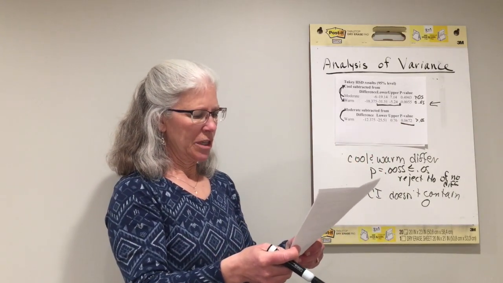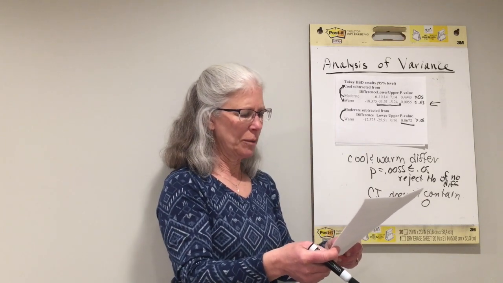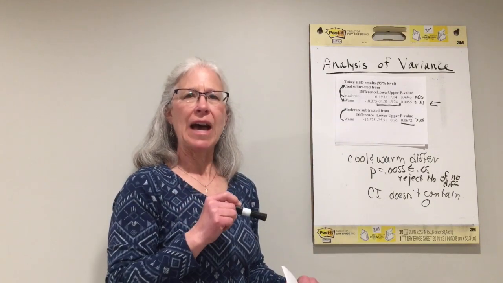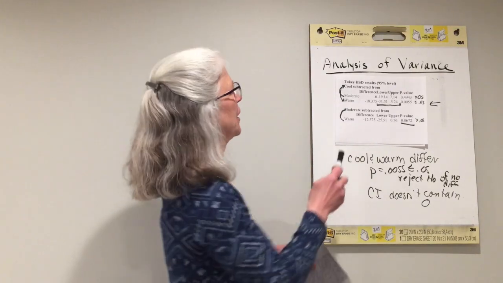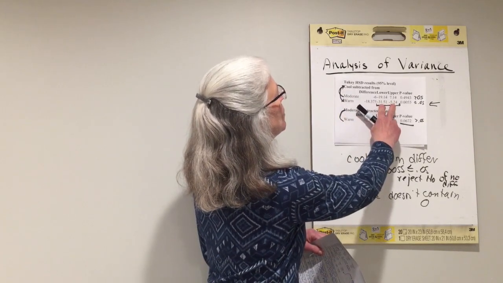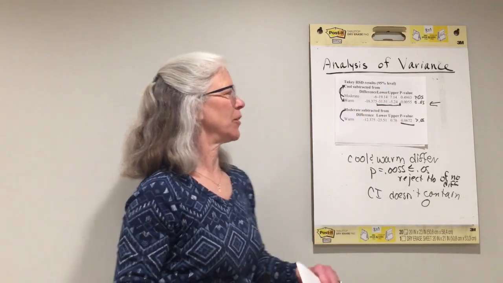If we were to compute the mean number of genes assembled by all people working in cool conditions and all people working in warm conditions, so we're talking about the population means, what do we think the size of the difference in means is? We're comparing cool to warm. We think the difference is somewhere between 5 and 31.5 genes.